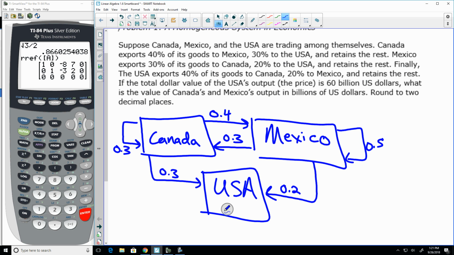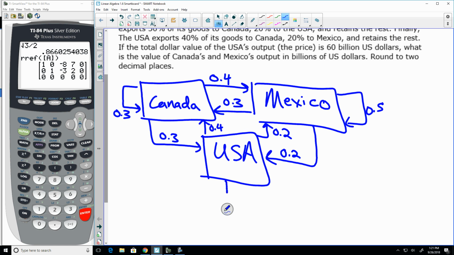The U.S. exports 40% to Canada, 20% to Mexico, and retains the rest, so that would be 40%. They have different exports, right? So they're just buying and selling each other. They're selling their exports, and they're buying someone else's exports. Okay, so that's how it would look.